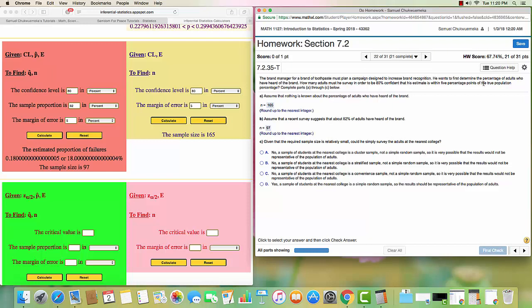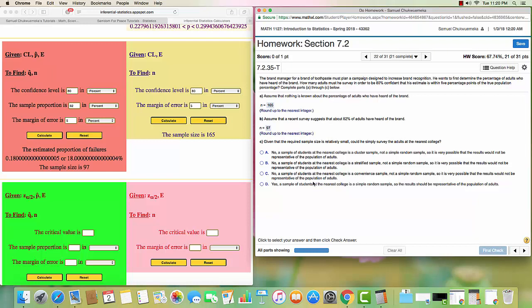He wants to first determine the percentage of adults who have heard of the brand. So let's look at these options. A, no, a sample of students at the nearest college is a cluster sample, not a simple random sample. So it is very possible that the results would not be representative of the population of adults.